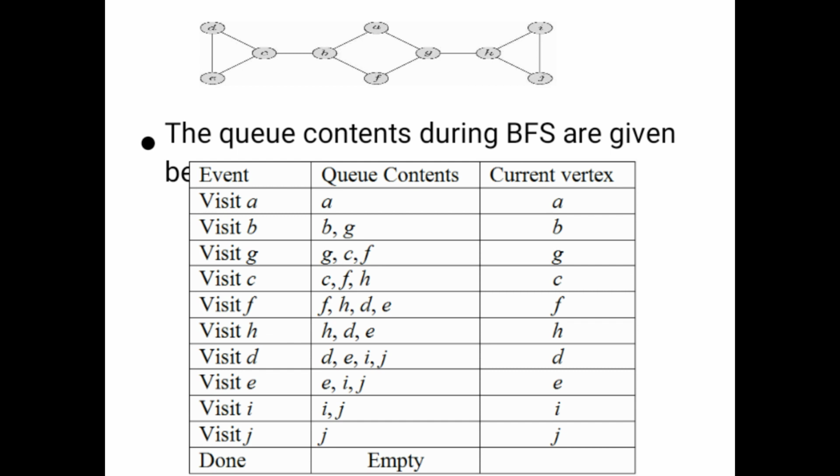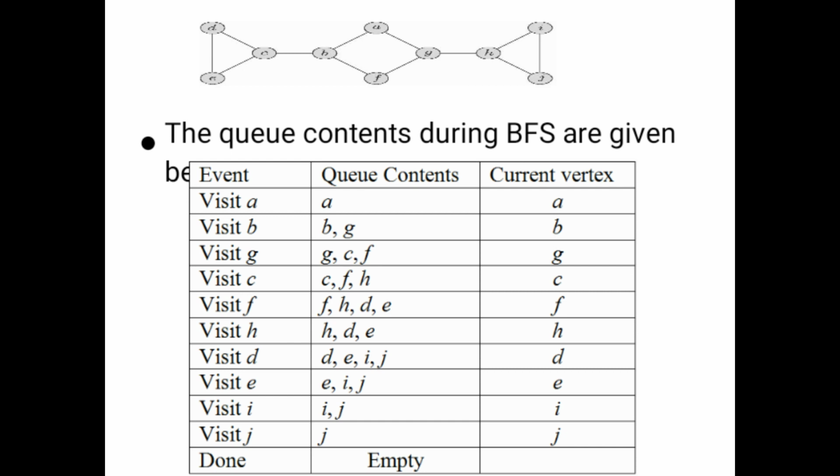So in this graph, you can choose any of the vertices as the starting vertex, and initially the queue is empty. I am choosing vertex A as the starting vertex, and I am inserting vertex A into the queue. Then I delete that vertex from the queue and mark it as the current vertex, and all the vertices adjacent to A are inserted into the queue.